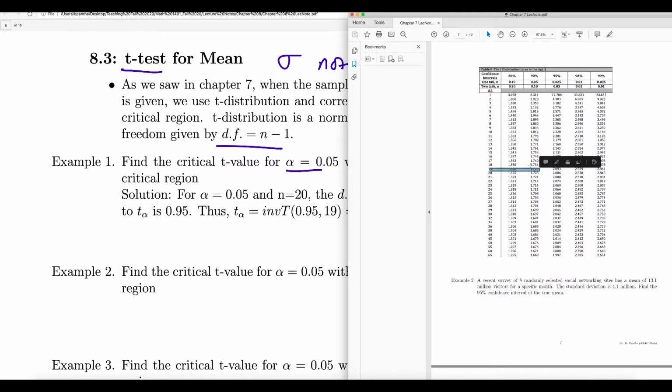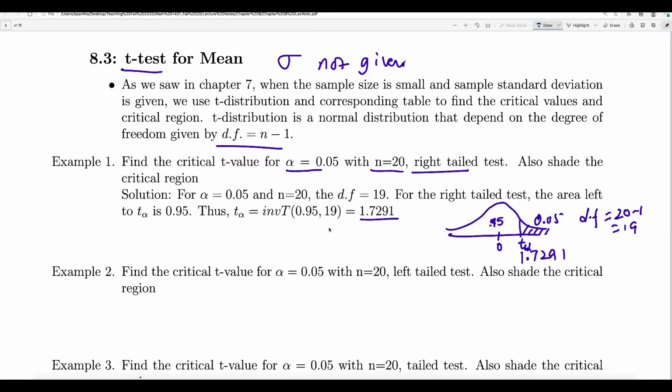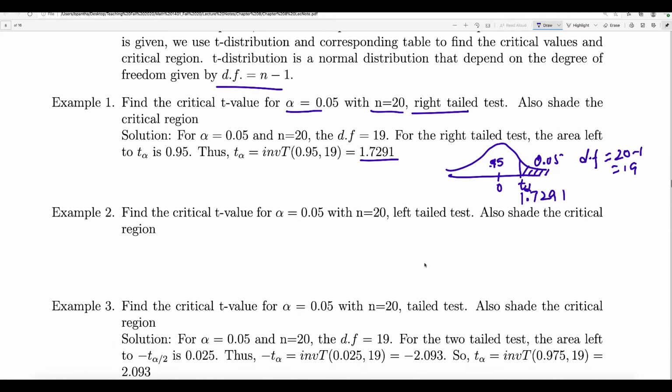It is 1.729. It is the same value as 1.7291. You can use the table or you can use the calculator. The calculator is easier.